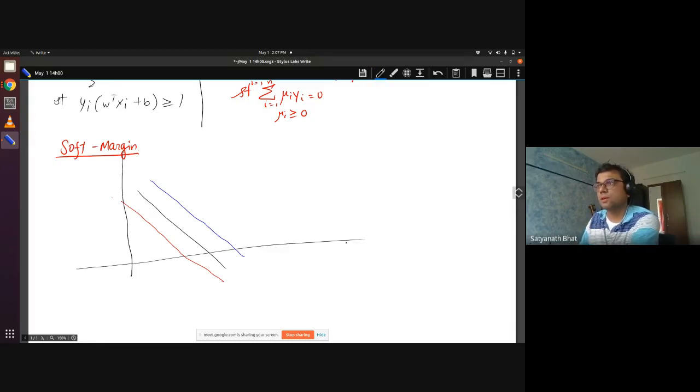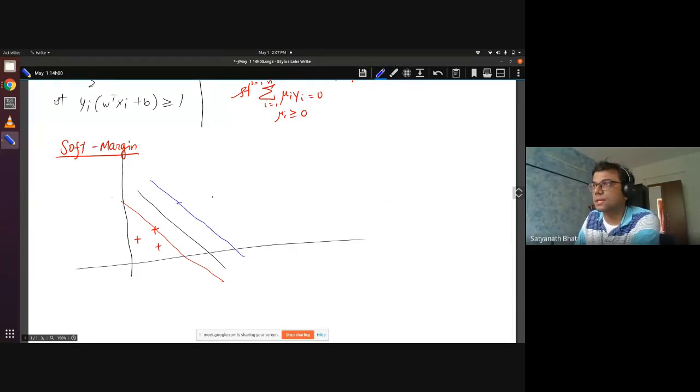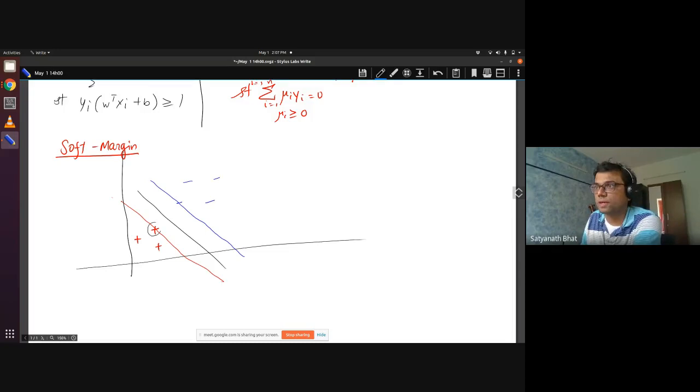These are your lines, and the positive points, let us say, are over here. And let's say we have negative points on this side. And as usual, these are the support vectors.